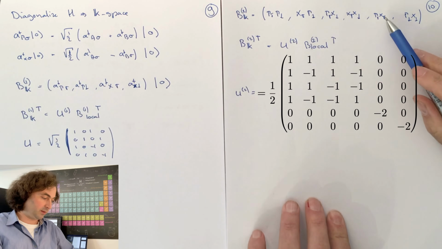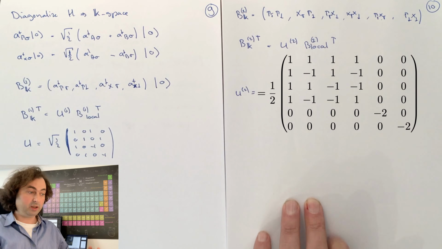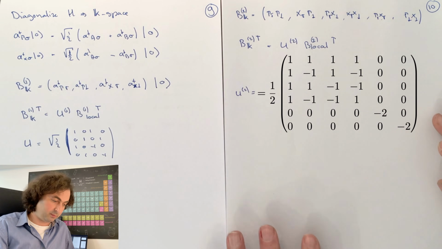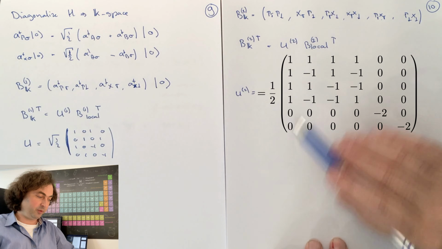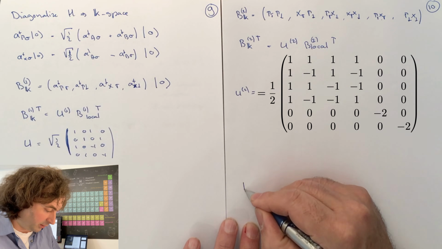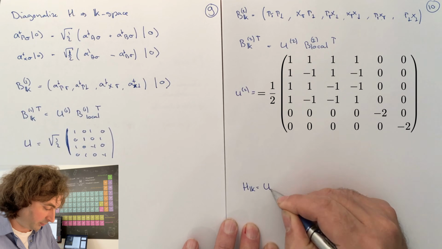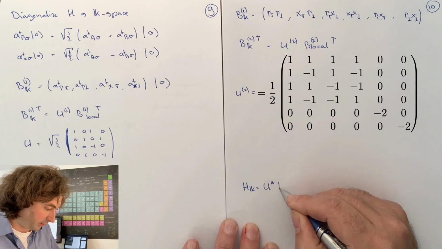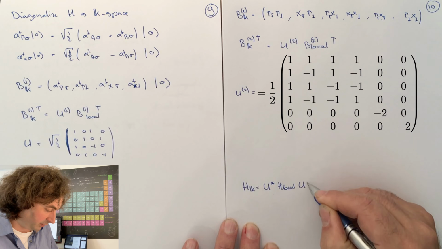So you see that the Sz is 1 and the Sz is -1 states are unique because, well, the spin Sz components don't interact with each other, and the 4 singlets are mixed. With this we can create our Hamiltonian in momentum space by a unitary transformation of the local Hamiltonian.